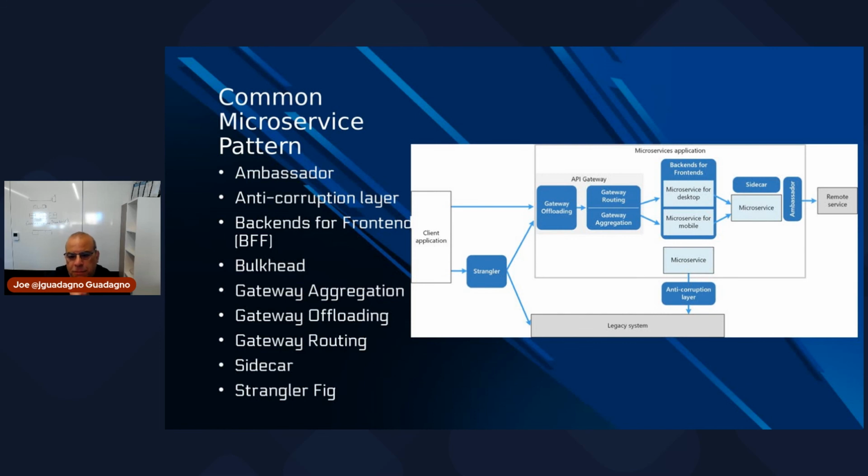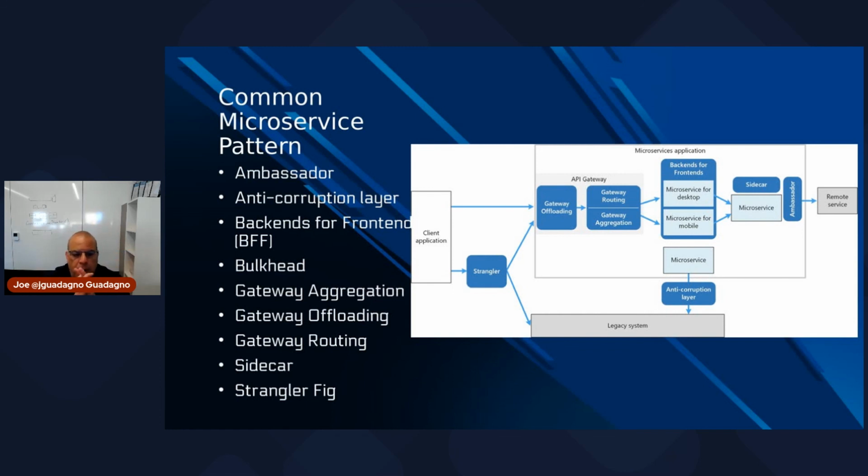The backends for front ends, or BFFs, which doesn't stand for best friend forever for those of you who were born in the 80s, like I was. This is basically a separate backend that's written just for the front end. What I mean by that is it deals with the translation between any of the services that you may be using and the website.